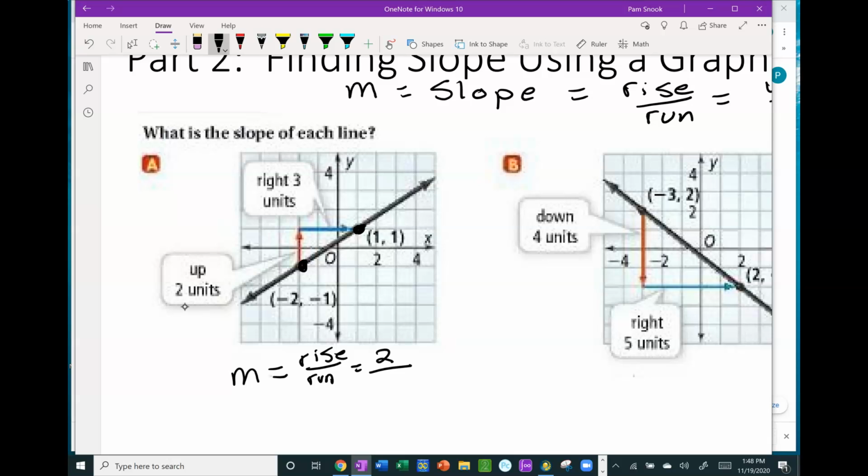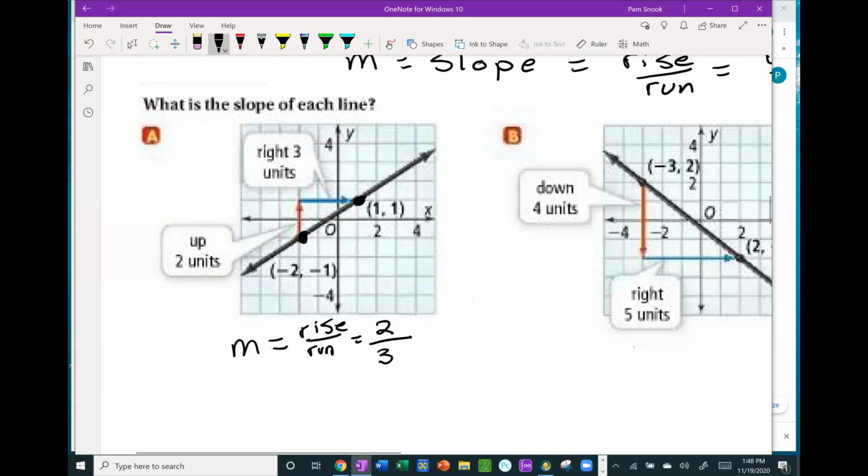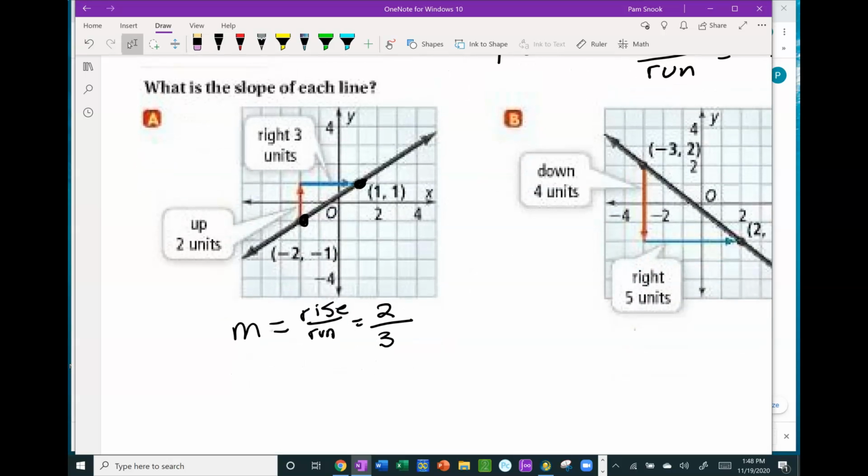So put 2 in for rise. It's going up, so that's a +2. And then we're going to the right 1, 2, 3 units with the blue arrow. And moving to the right is in the positive direction. So our slope is 2/3. Notice the slope overall is positive.